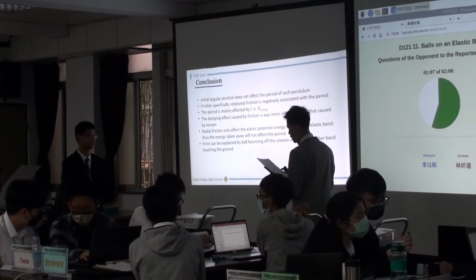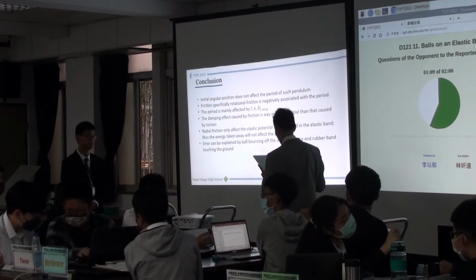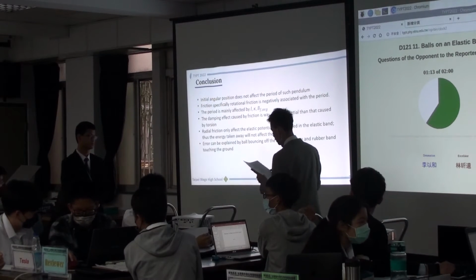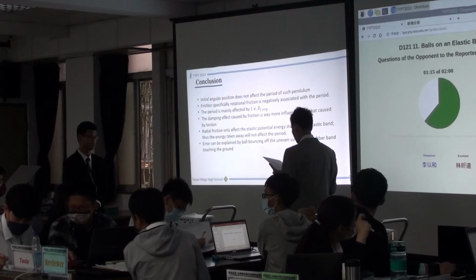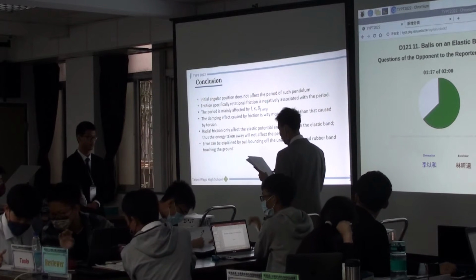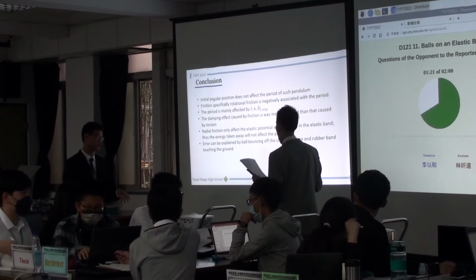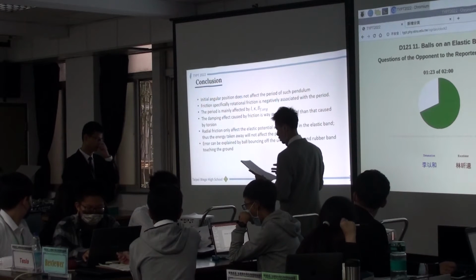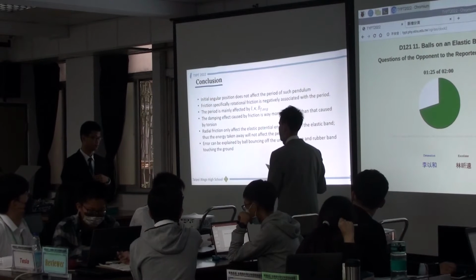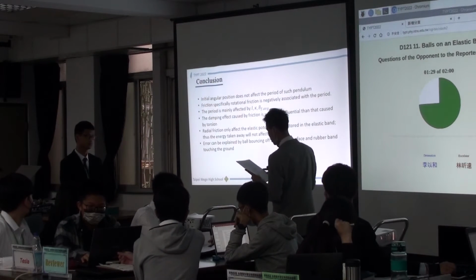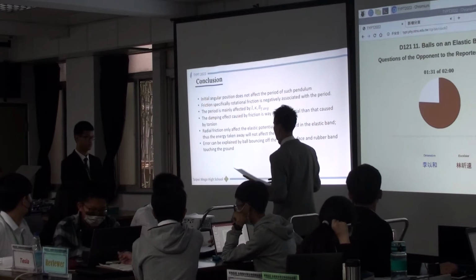Okay, thank you. Is the angular velocity of each side of the ball the same? We believe so. Okay. At the end of the motion, will the pendulum stop at the balance angle or the balance length? You mean it will stop? Yes. It will stop at the balance length, right? Yes. Okay, thank you.